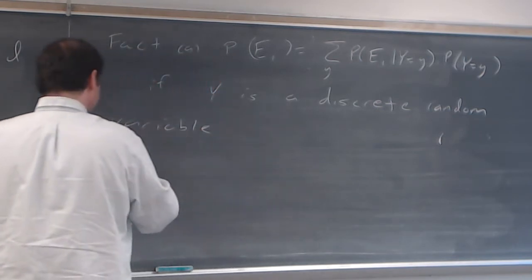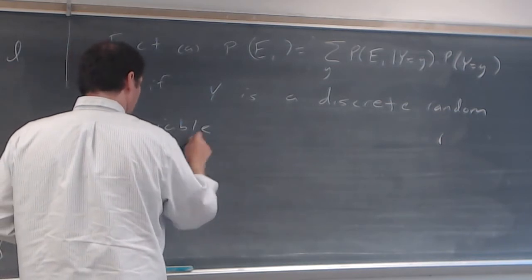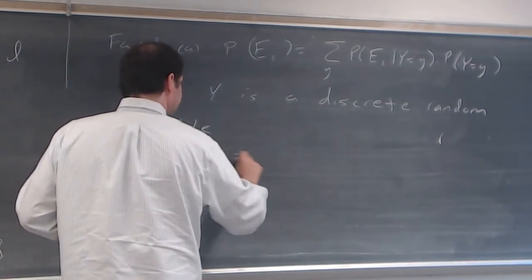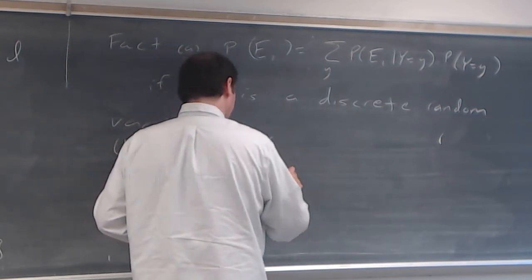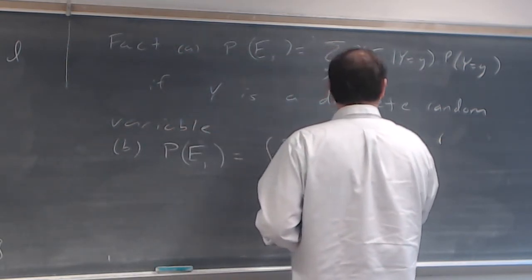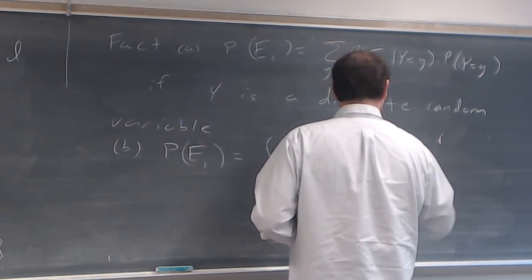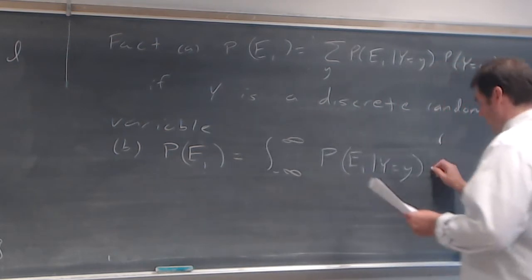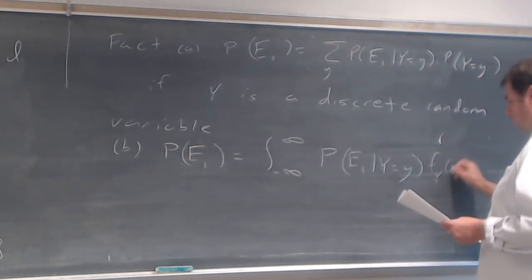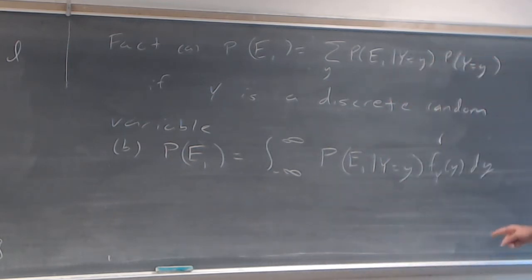And part B, the probability of E sub 1 is equal to the integral from minus infinity to infinity of the probability of E sub 1 given Y equals y times f sub Y of y dy, where f sub Y of y is the probability density function of Y.